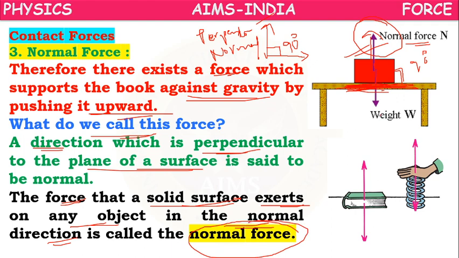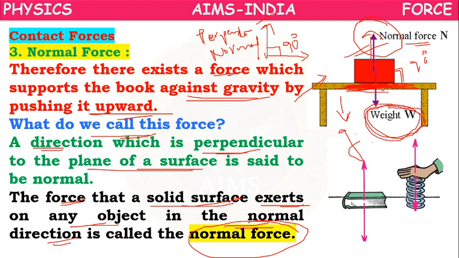Now, when the table is there, why is the book not falling down? In the downward direction, gravitational force will work, and because of that the book has weight.